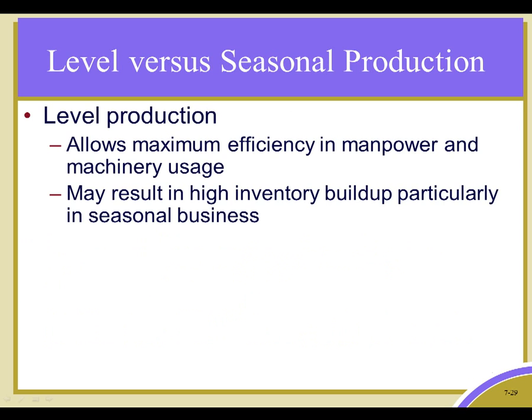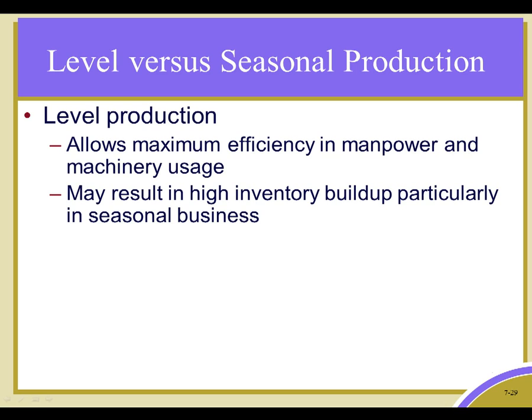We've talked about Santa's production schedule, so let's just make a point of the level versus seasonal production. Level production allows for the maximum efficiency in manpower or machinery used, so we don't have people sitting around not working. We don't have machines that aren't being utilized.